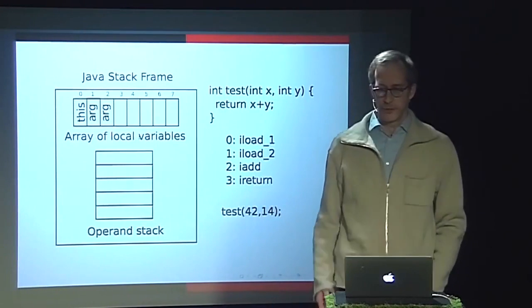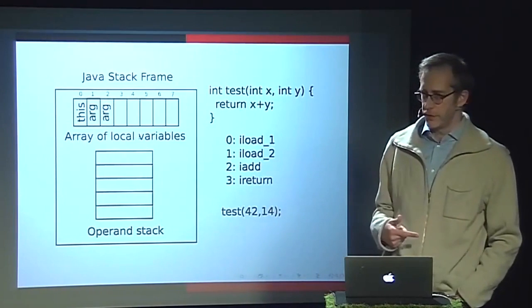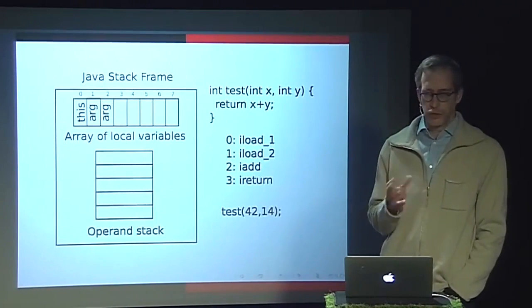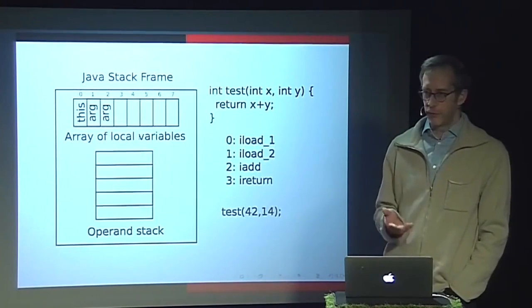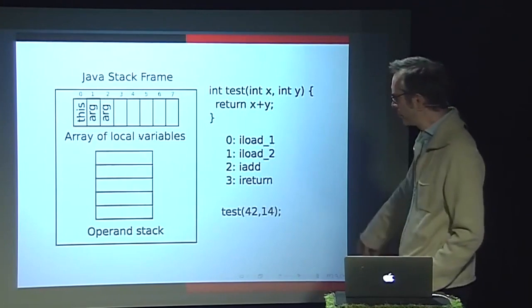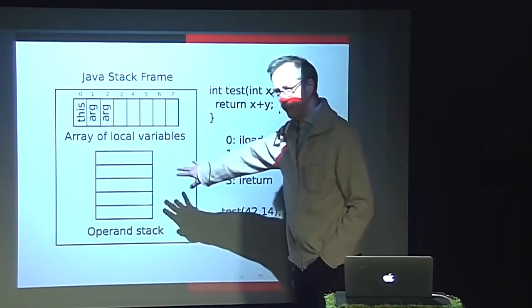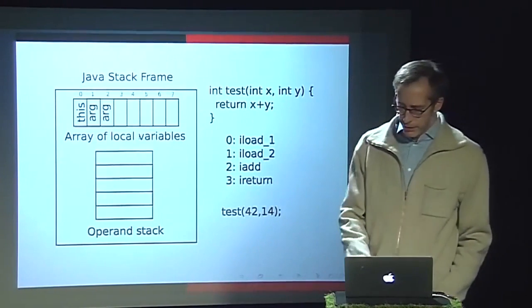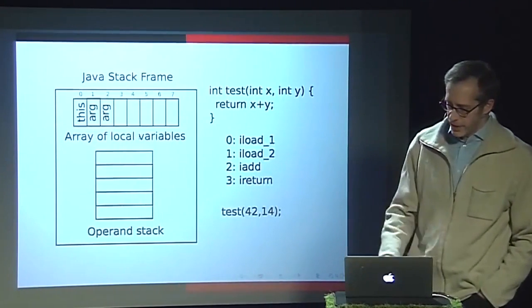Now this is useful because you can verify the bytecode in advance. Because of this specification, the JVM can control that there are no buffer overruns, there are no breaking types, etc. You cannot mess with the operand stack in a way that will break the execution. But it's still just an abstract specification.